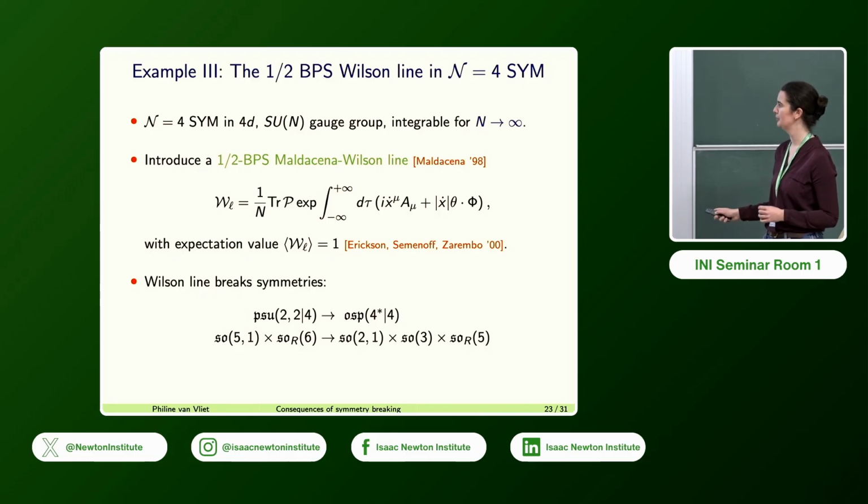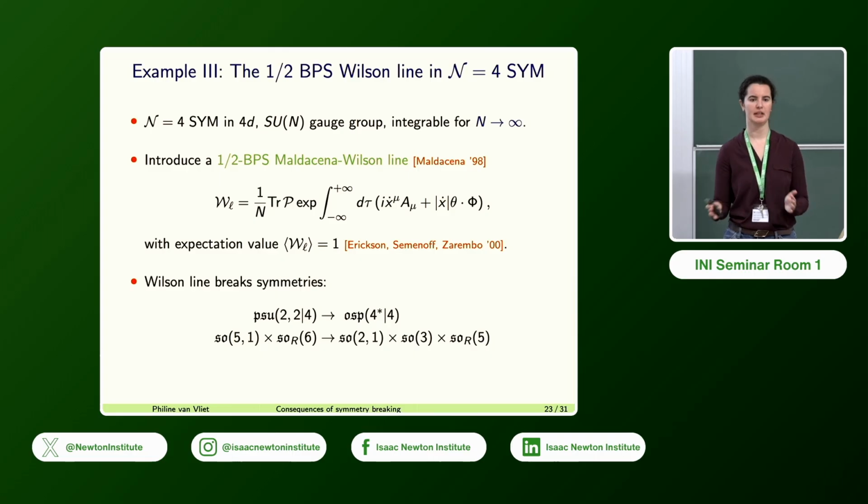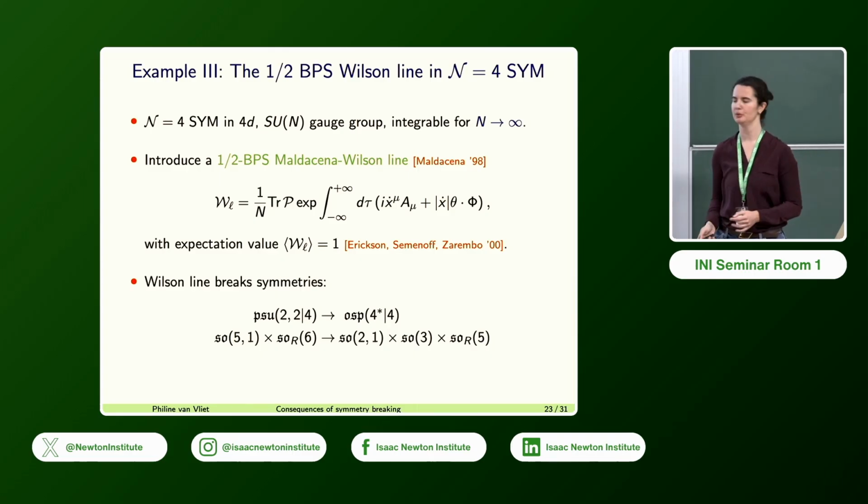We start from PSU(2,2|4) to OSp(4*|4), and these supergroups contain the 4-dimensional conformal group and the SO(6) R symmetry group, and break it to the 1-dimensional conformal group, the rotations around the defect, and the SO(5) R symmetry. So this has the same pattern of a 1-dimensional defect that breaks O(N) to O(N-1).